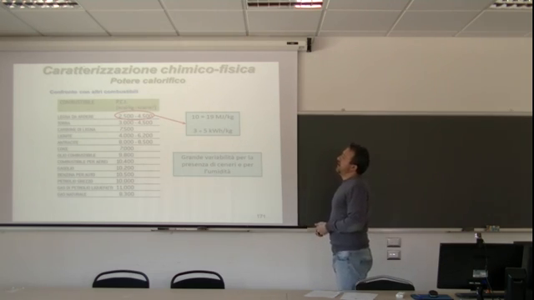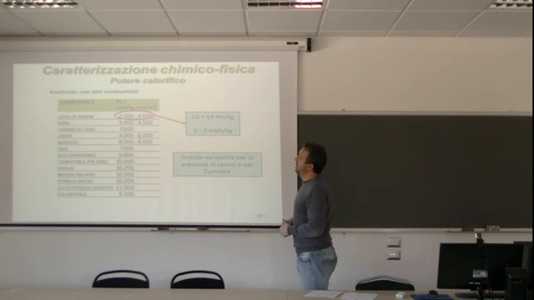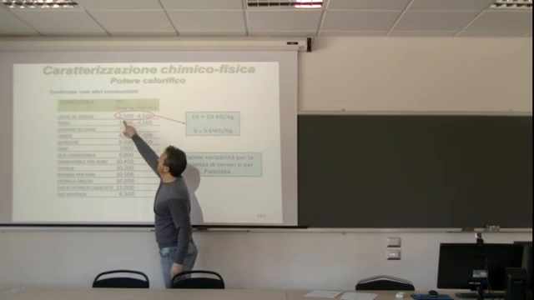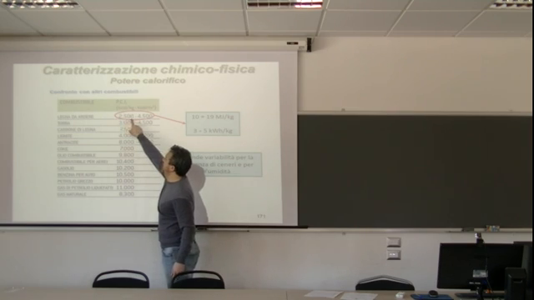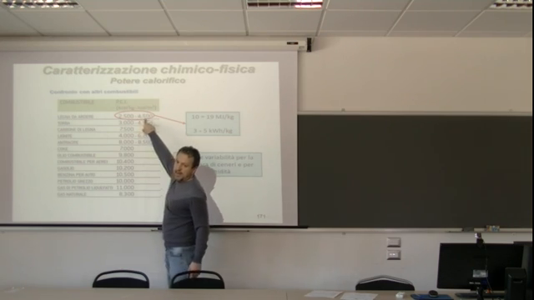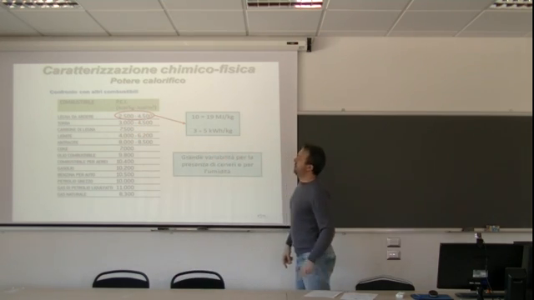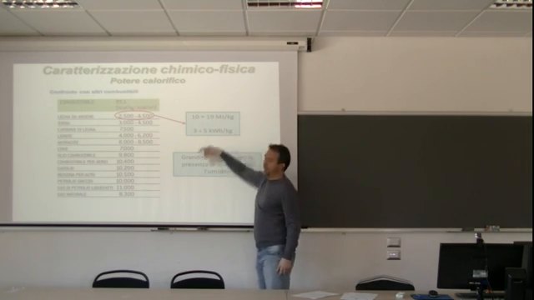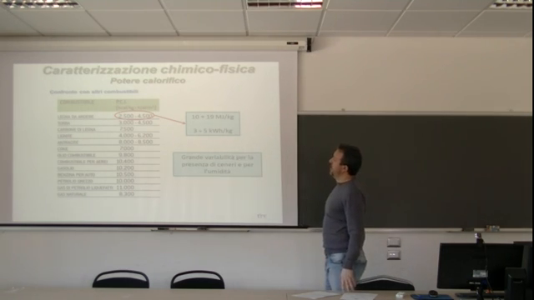Okay, or the variation, because here wood is from 2,500 kilocalories per kilogram to 4,500 kilocalories. Okay, and here the expression with other measuring.